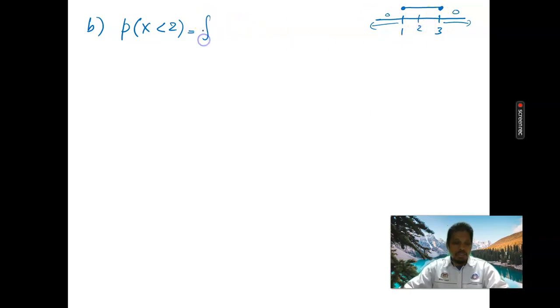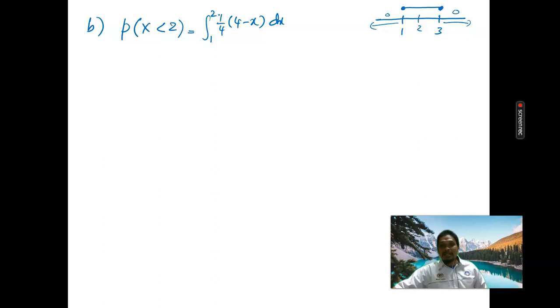So then we are talking about the integral of the same function of 1 over 4 times (4 minus x) dx from x equal to 1 until x equal to 2. Just now, the first solution, we are talking about the integral of the whole function.